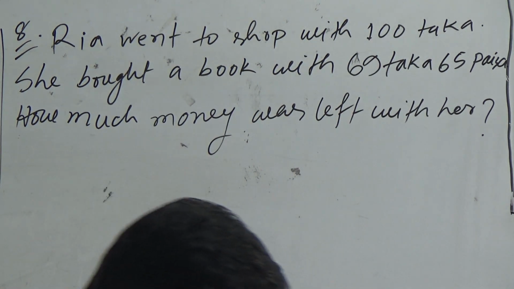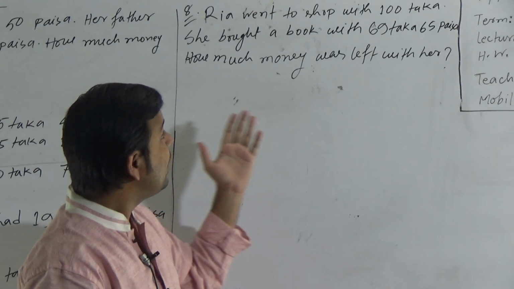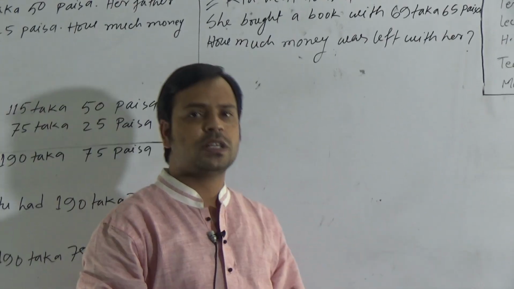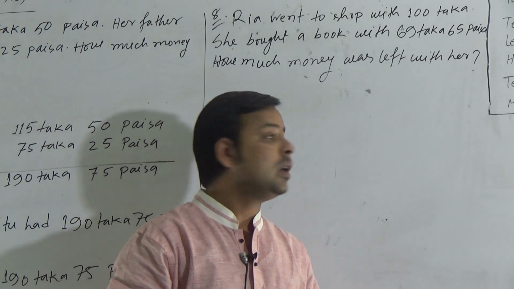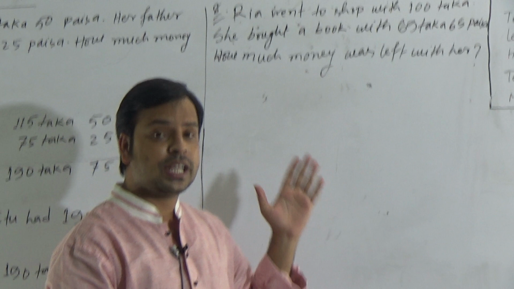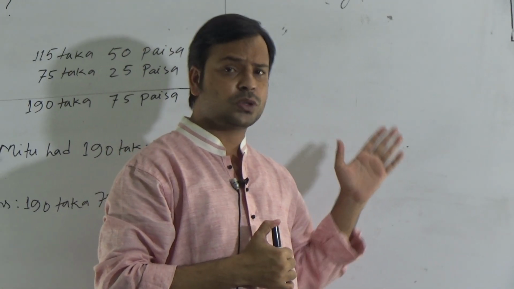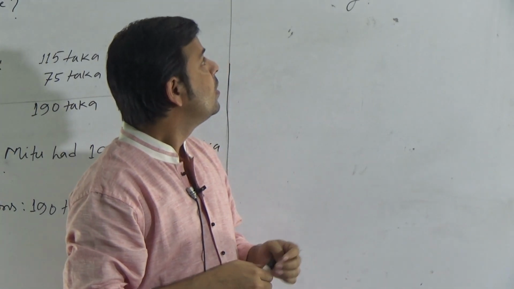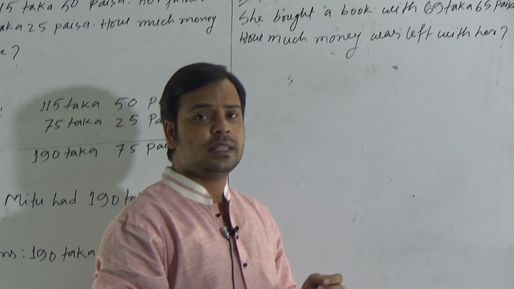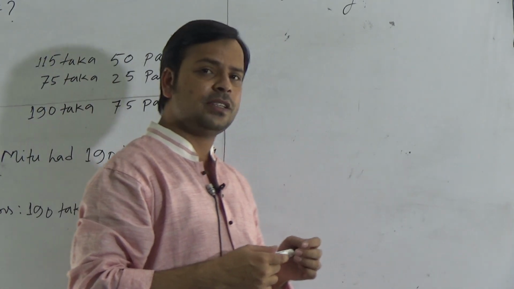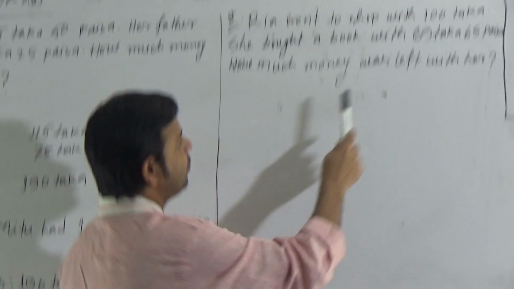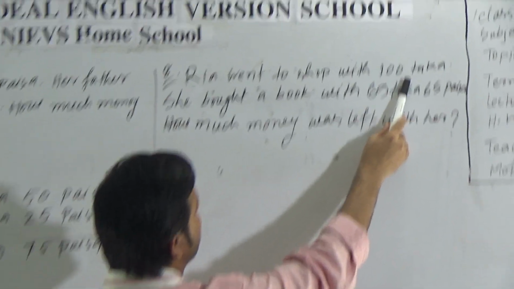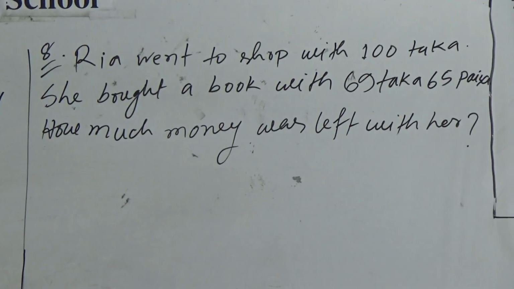It means that Ria went to a shop and bought a book. So she has to pay the price of the book to the shopkeeper. If she pays the price of the book from her money 100 taka, she will get some money.